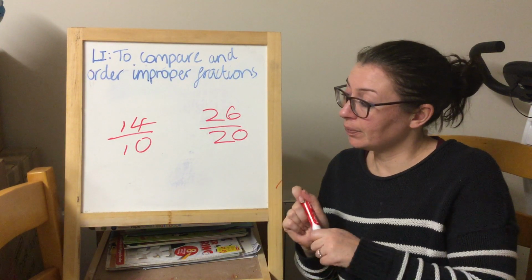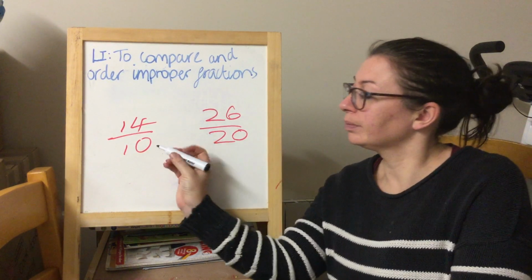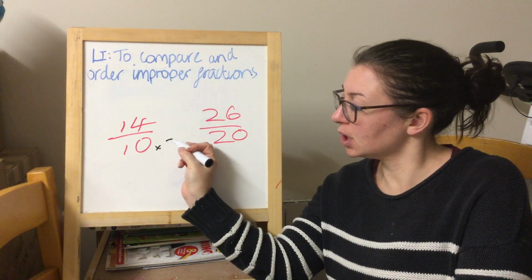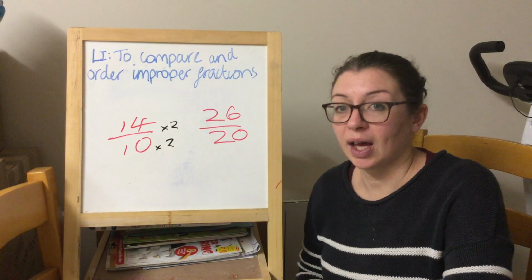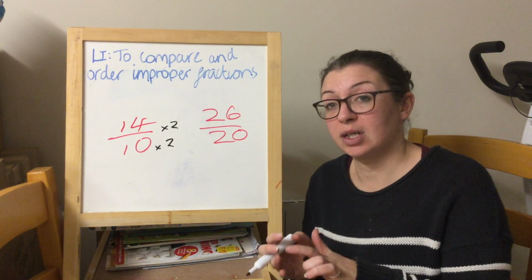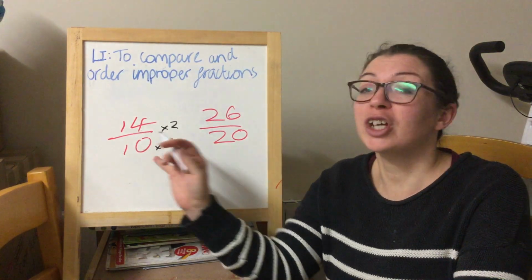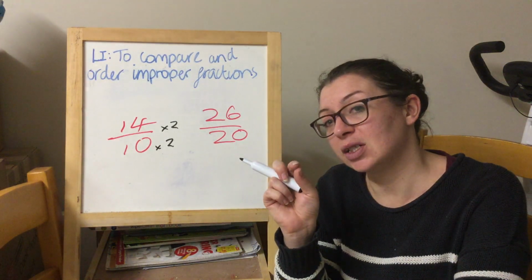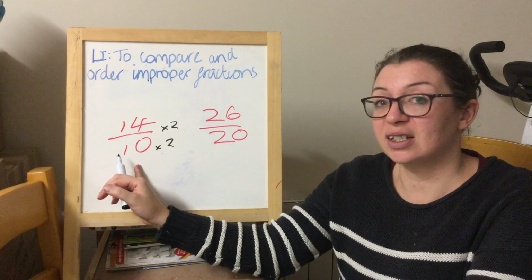So again, we are going to make this one 20. So that means we need to times it by 2, and we have to do the same to the top and the bottom. Otherwise, we're changing the amount. Whereas what we're doing, we're not changing the amount, we're changing how many pieces it's been cut into. We're saying, okay, we're cutting this now into 20 pieces instead of 10.